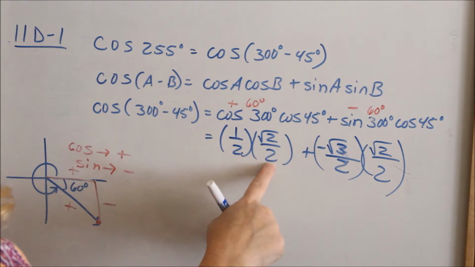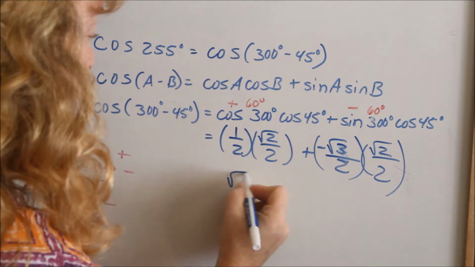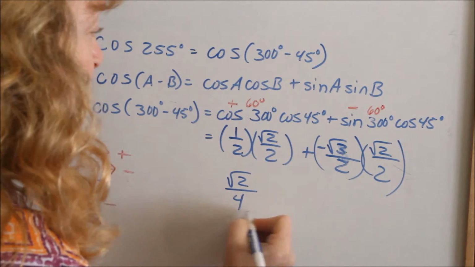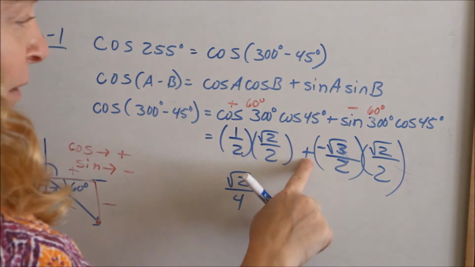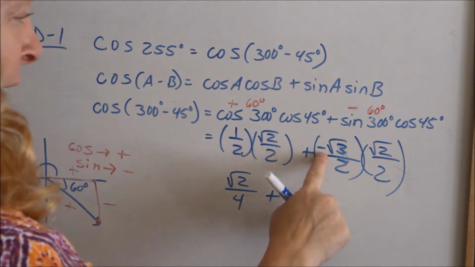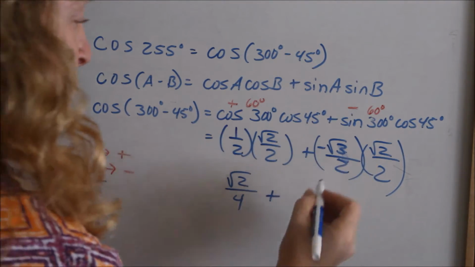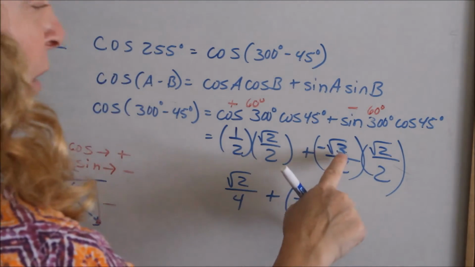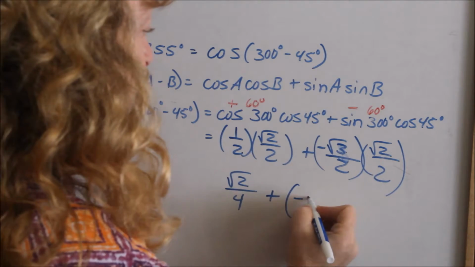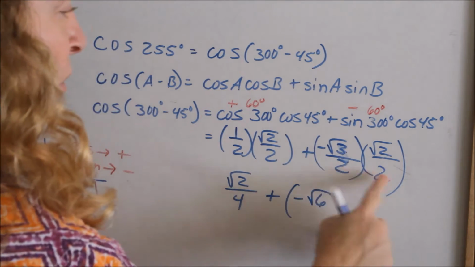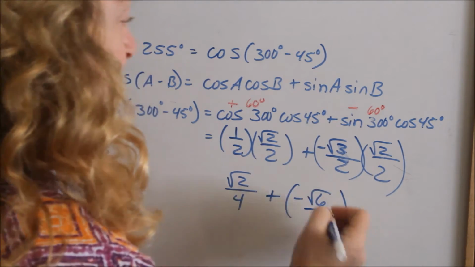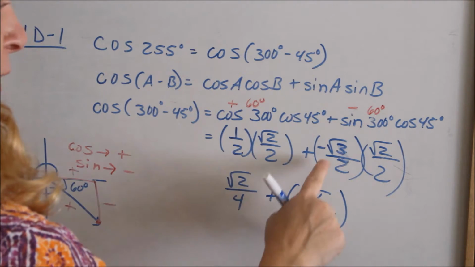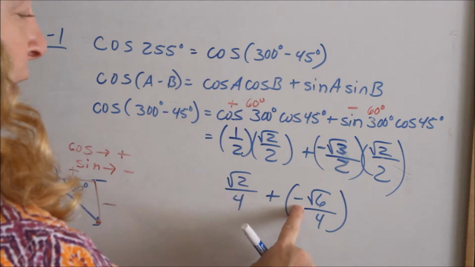So multiplying these two fractions would be square root of 2 over 4 plus a negative times a positive will be a negative number. Square root of 3 times square root of 2, square root of 6. 2 times 2, 4. Again, where does the negative come from? A negative number times a positive, negative.